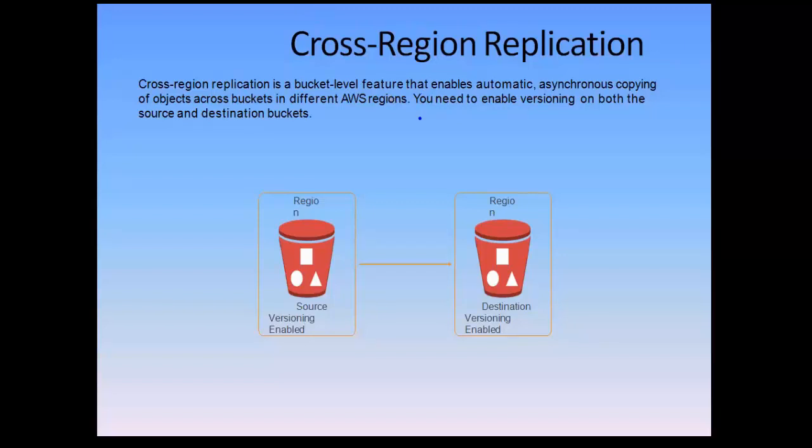Here is the condition: you need to enable versioning in both the source and destination buckets. Means this is my source bucket where I am putting some data or objects.